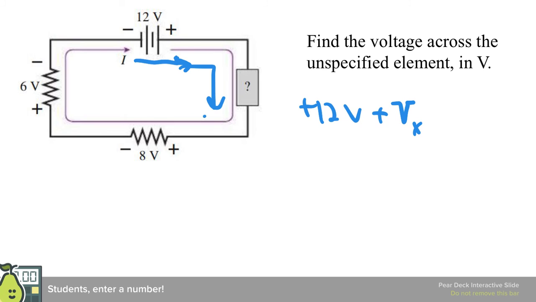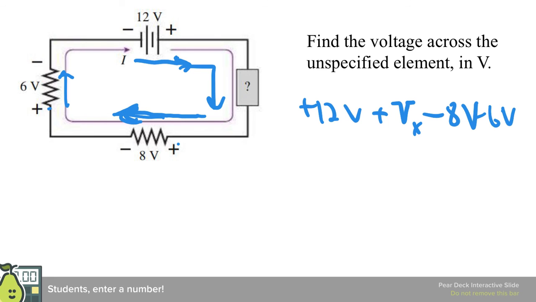Then we're going from high to low, so the way current wants to flow is this way, so we drop 8 volts. And then here again, we're going from plus to minus, which is the way current wants to go, so we drop 6 volts.